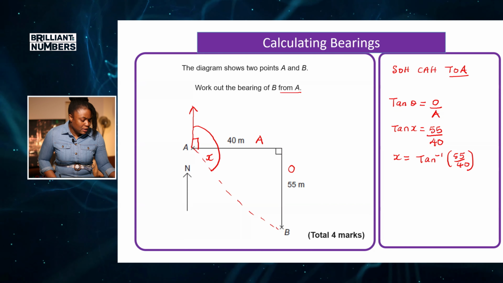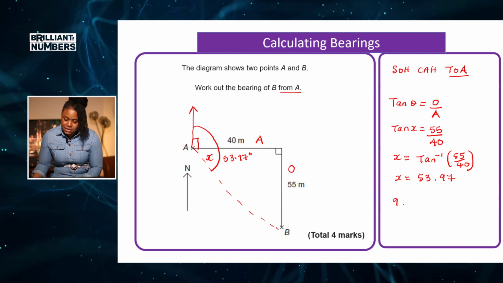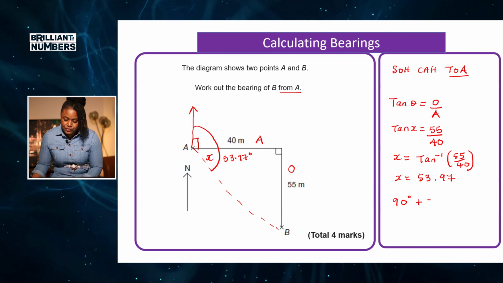So we put that on our diagram. So that's 53.97 degrees. Now I have enough information to go to my final answer. So I knew this angle here was 90 degrees, and I know this angle is 53.97. I just simply need to add them together. So my final answer will be 90 degrees plus 53.97.